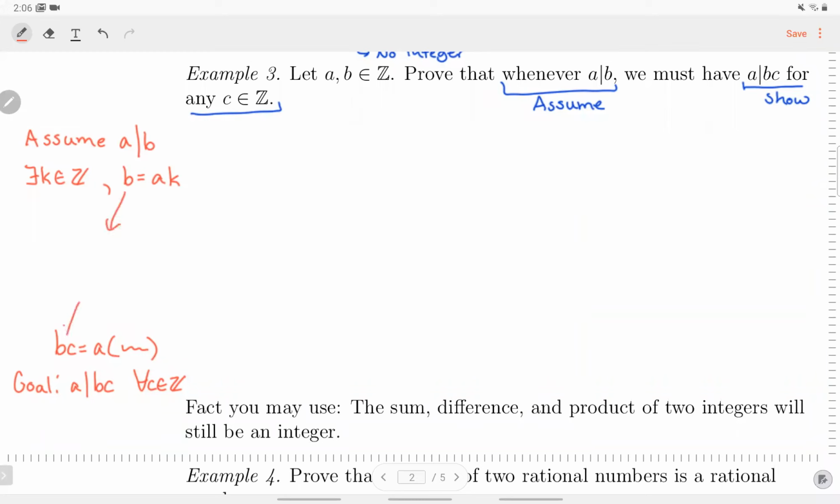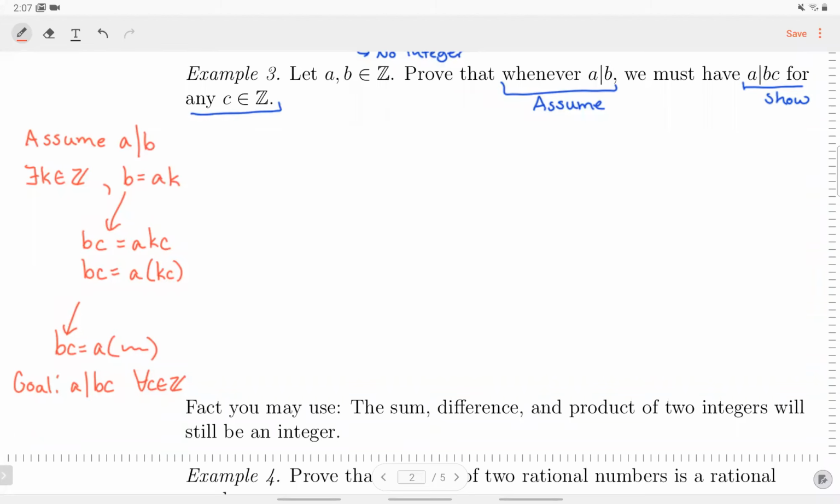So why don't I multiply both sides by C? So we have BC equals AKC. And that's what I want, because K is an integer, C is an integer. Doesn't matter if C is 0 or anything, when I multiply, K times C will still be an integer. Positive, negative, 0, it's still an integer. It's not going to magically get a fractional part.